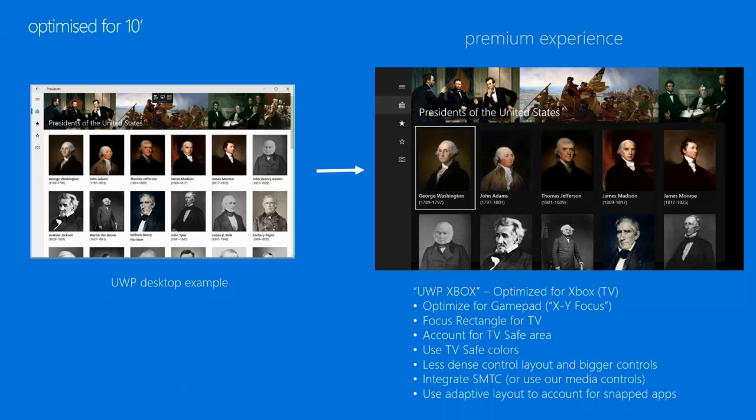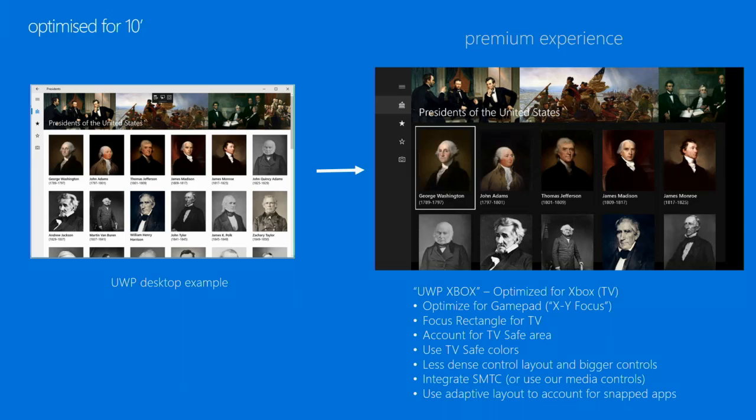You can also see, because of our scale factor, we've got less density. So there's less content on the screen. Users can see the content much more clear. You can also integrate with the system media transport controls. This will mean you'll get the playback controls on the remote out of the box to work with your app.